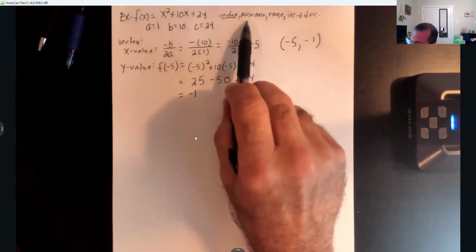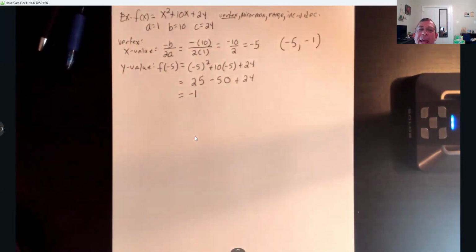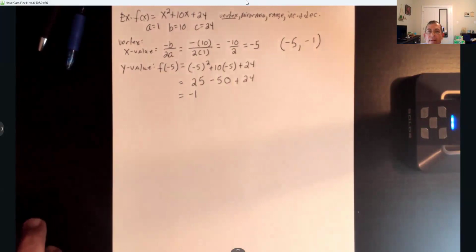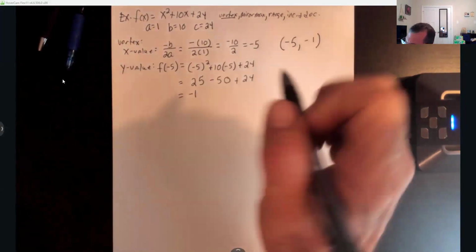Now, min or max? Well, y'all, do I got a min or max on this graph? So let me pull my chat up. So it's a minimum. Good job, because our a is positive.